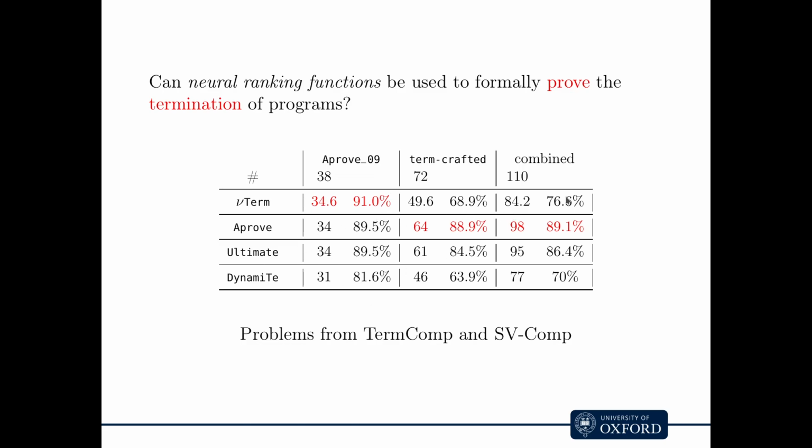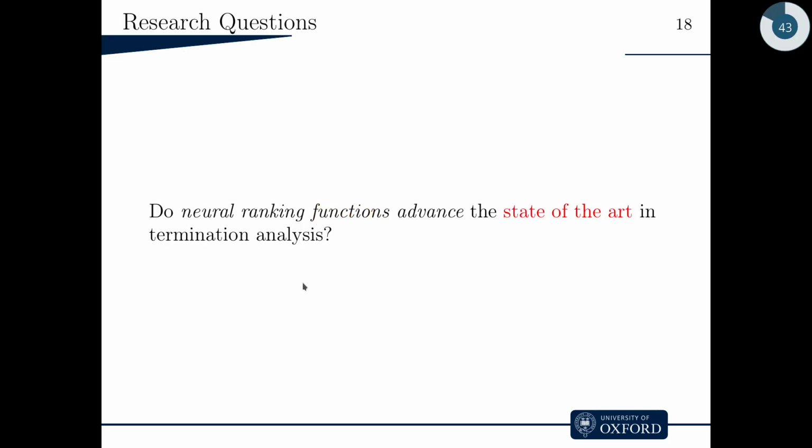Our tool was able to solve 76% of all problems, and other tools such as AProVE, the winner in this category, proved almost 90%, Ultimate 86%, and then Dynamite 70% of all problems. Note here that while we're not in the first or second place, I think we perform comparably and even outperform some other competitive tools, such as Dynamite.